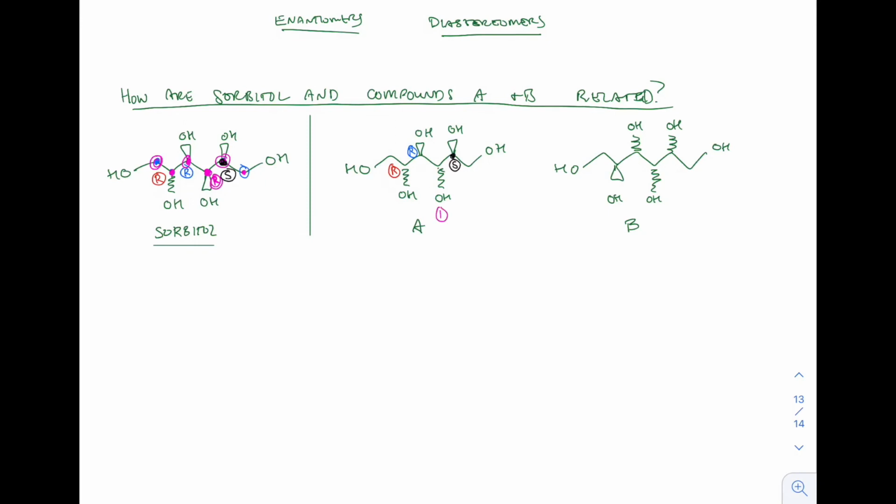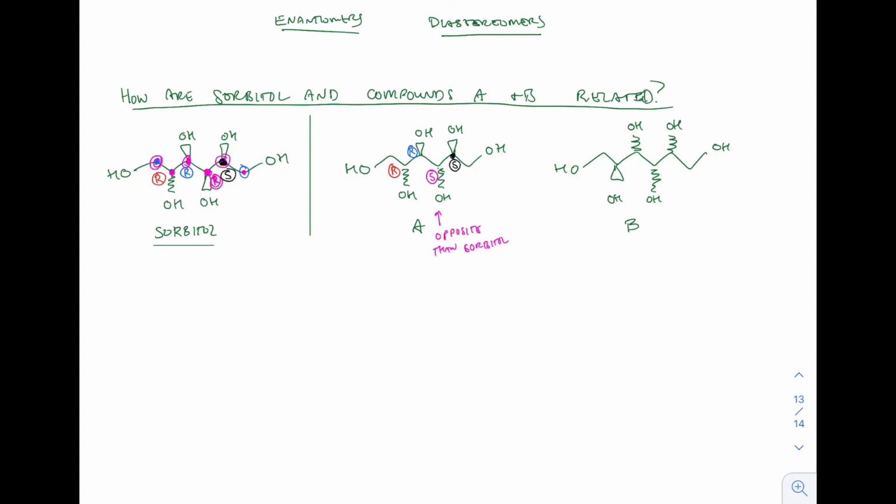Now that pink one is very different, or it's got the dash instead. So what we want to do is number our priorities 1, 2, 3, and that's an S configuration because the hydrogen is projected at us. So now what we have is this particular configuration is opposite than the original sorbitol molecule.